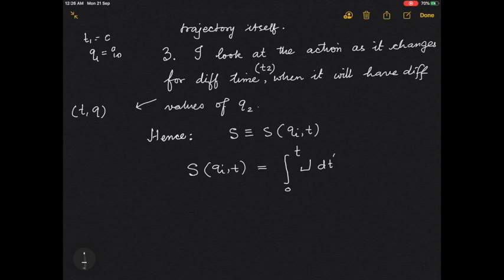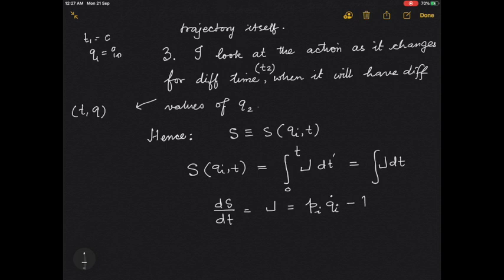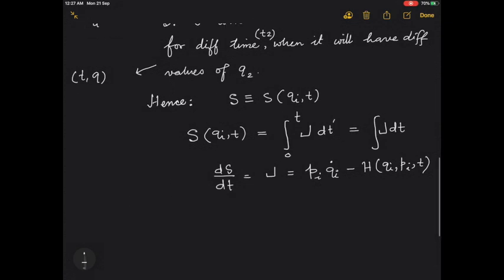I should write dt prime because that is a different time I am integrating over, but this is essentially an indefinite integral of L dt. So we'll agree that I can safely write dS/dt equals my canonical L, which is nothing but, if you remember, pi qi dot minus the Hamiltonian, which is a function of qi, pi, and t.